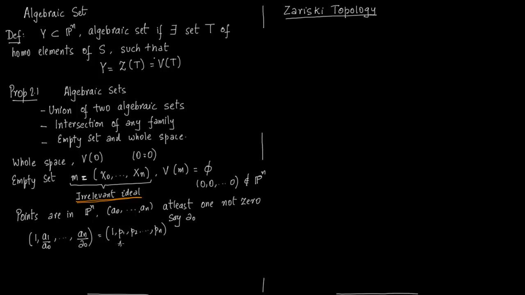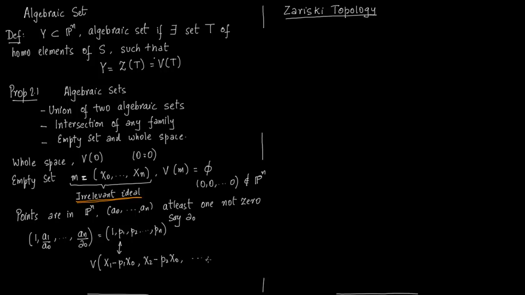We have to write a bunch of homogeneous polynomials whose zero set is precisely this point. So we are going to write degree 1 polynomials. So x1 minus p1 x0. If you plug in the above homogeneous coordinates, you will get p1 minus p1, which will be 0, because x0 is 1 and x1 is p1.